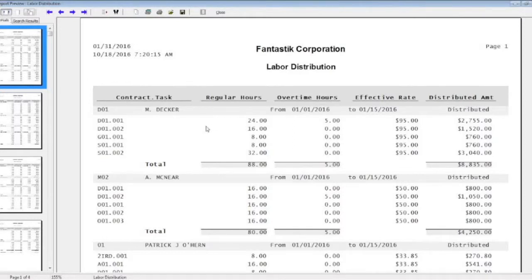So effectively what you're seeing here is the hours that have been recorded in the timesheet are multiplied by the hourly rate, the effective rate.